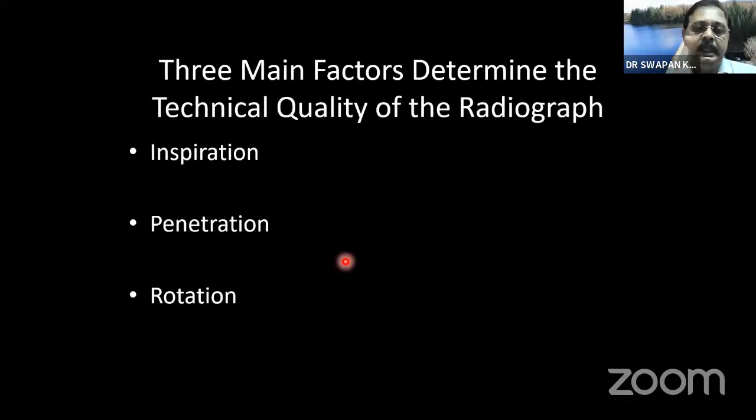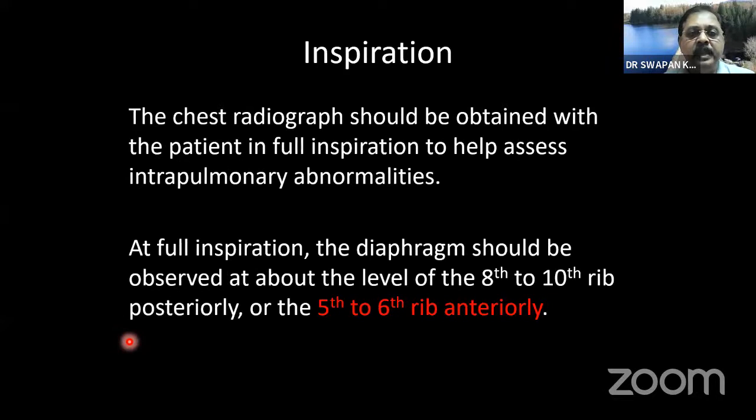So the three main factors that determine the technical quality of a radiograph are: number one, inspiratory film or not; whether it has been adequately exposed or not, meaning the penetration of the X-ray is adequate or not; or whether there is any rotation or not. So try to understand. We always want the inspiratory film unless there is some exception. And how do you know it is the inspiratory film?